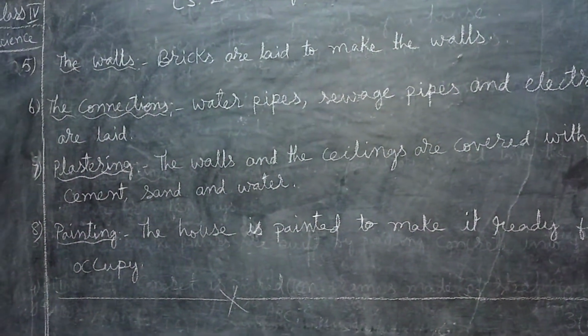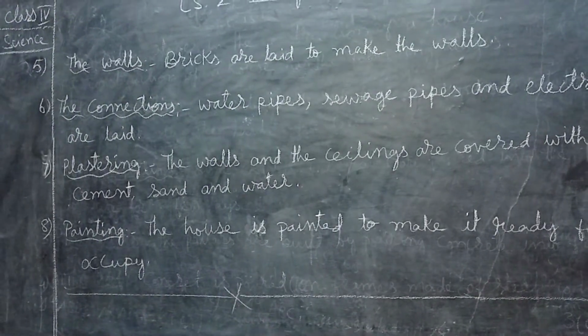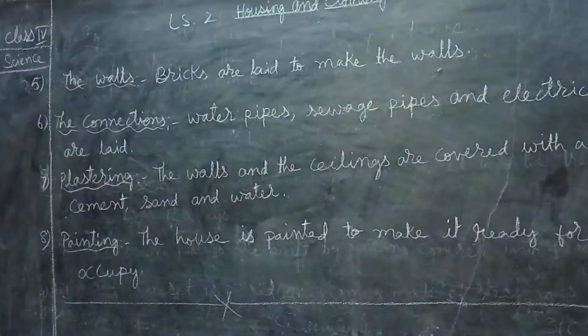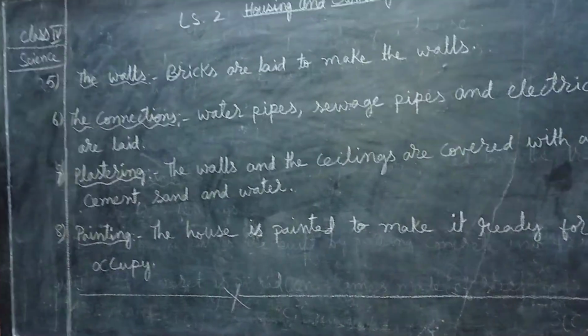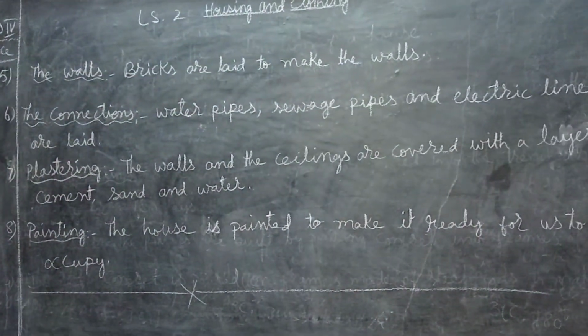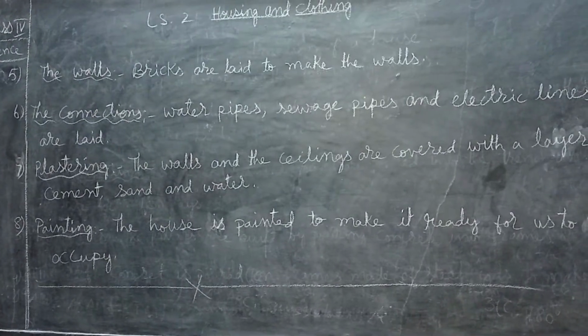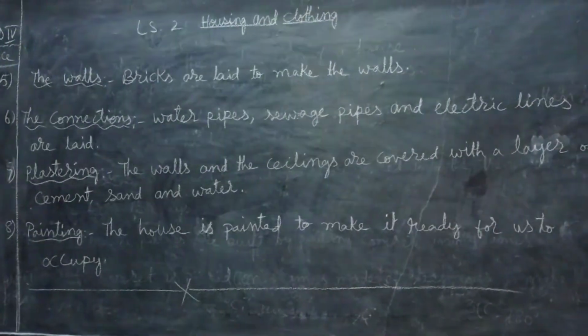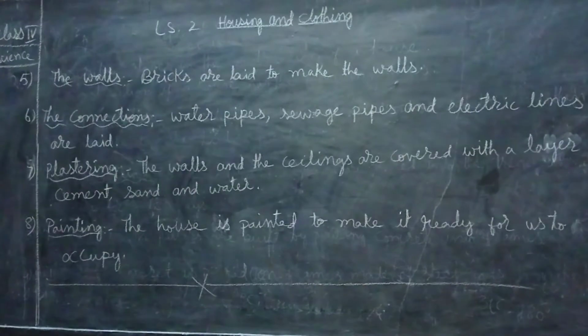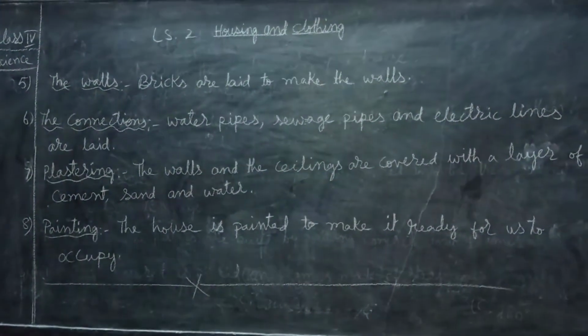Now we have completed writing the first question's answer. This is the continuation, because the board is not sufficient to write one complete answer, it will not fit on this board.